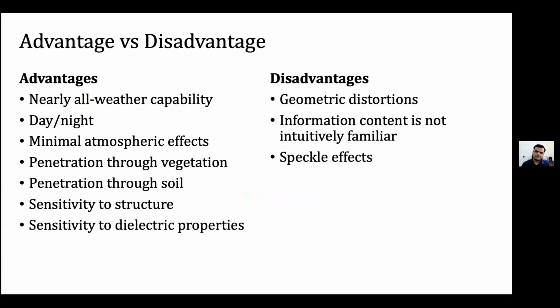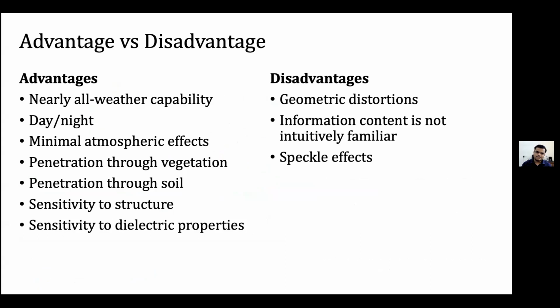There are a few advantages and disadvantages of using radar data. The advantage is, since we have our own source, we don't need to rely on the sun or any other radiation source, so it's a day-night capability. Anytime we can acquire data sets. Also, most radar data can penetrate through clouds and inclement weather, so we have a nearly all-weather capability.